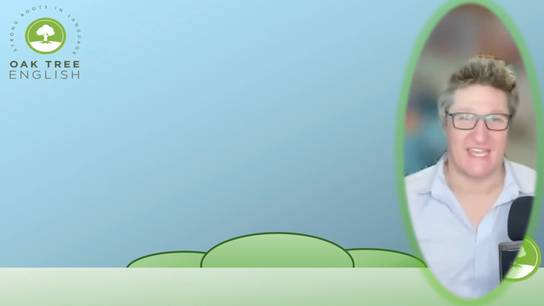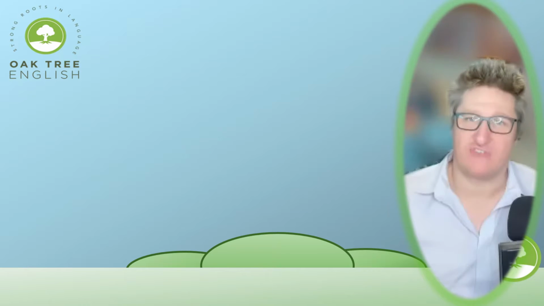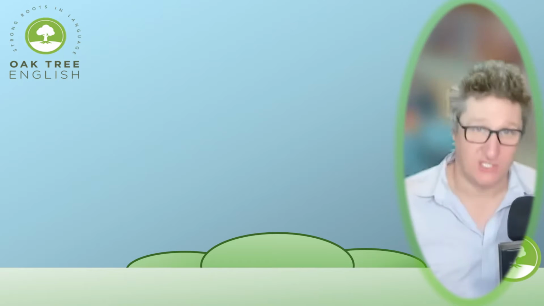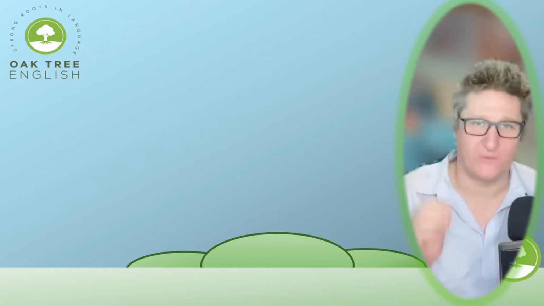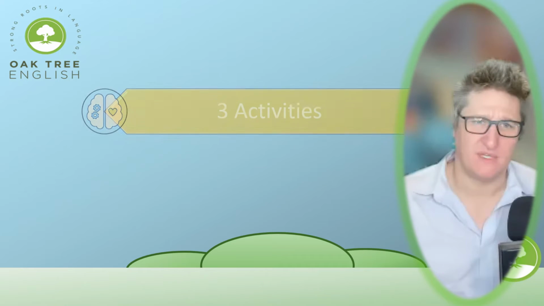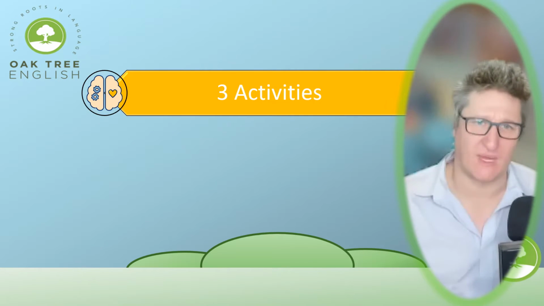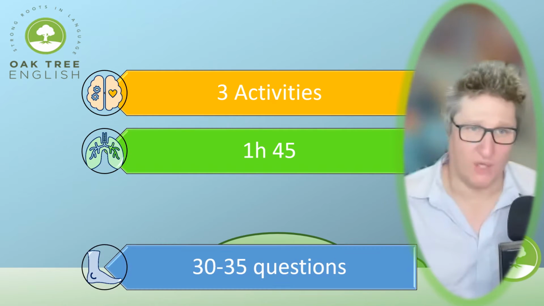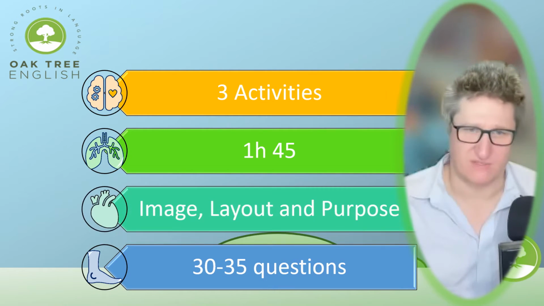Hello and welcome. Yes, the City and Guilds ESOL Entry 3 reading exam is in 3 parts. You have 1 hour, 45 minutes to do them all. Within the exam, there are 3 types of question which must be answered correctly. One is understanding pictures.